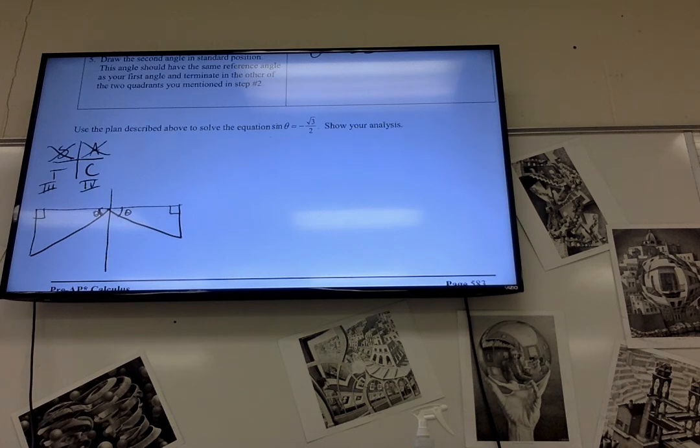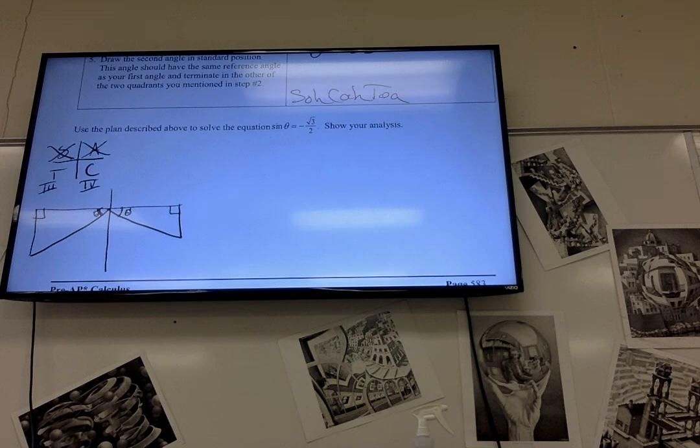And these are reference angles, really. Okay, so sine is what over what? Yeah, opposite over hypotenuse.